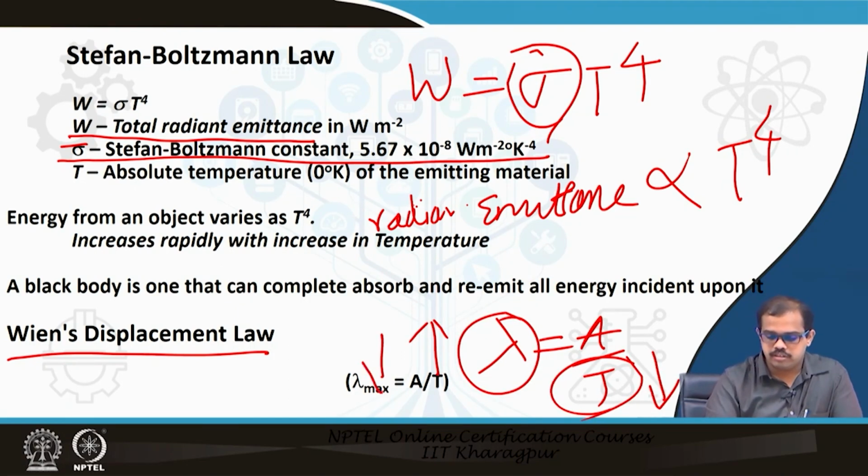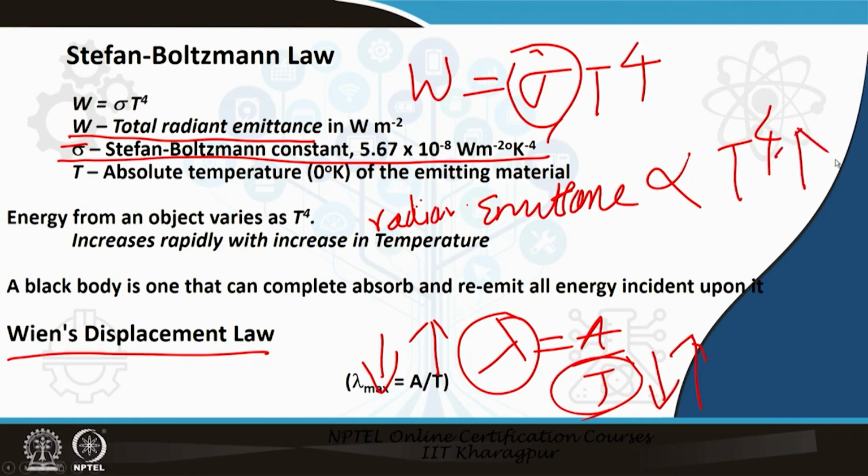If the wavelength is lower, then the temperature is higher. Lower wavelength will have higher temperature and higher emittance, whereas higher wavelength will have lower temperature and lower radiant emittance.